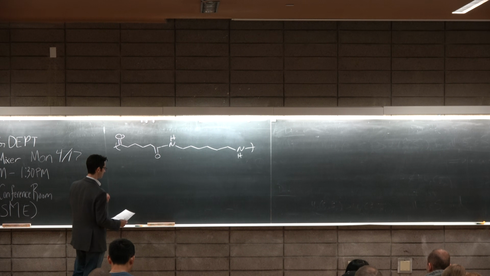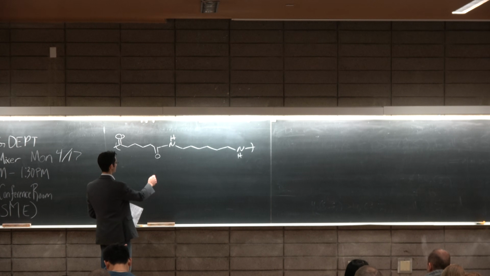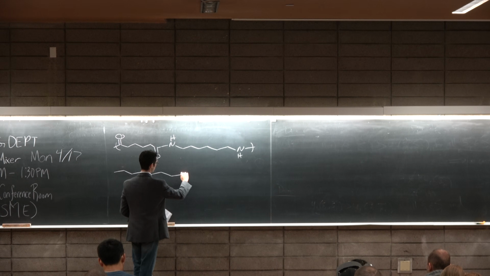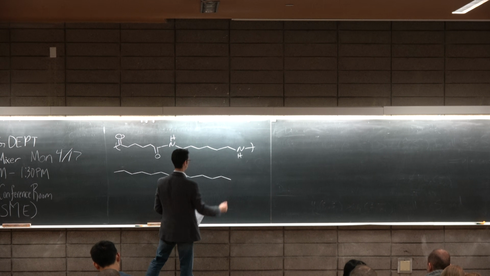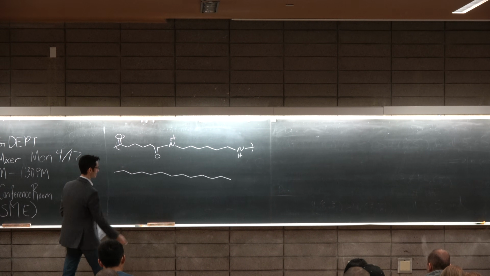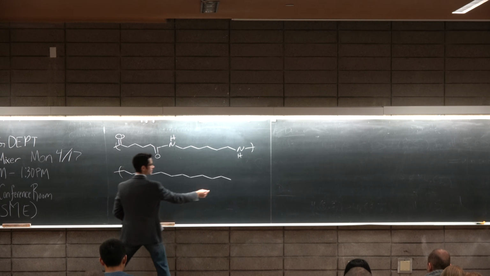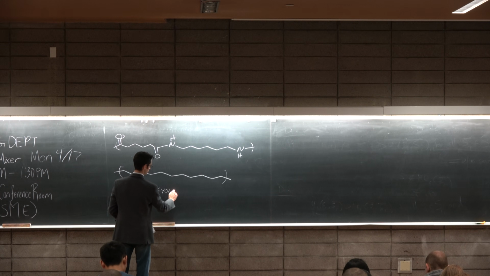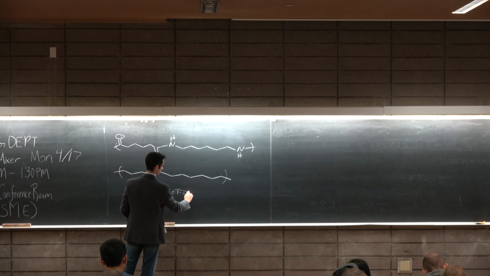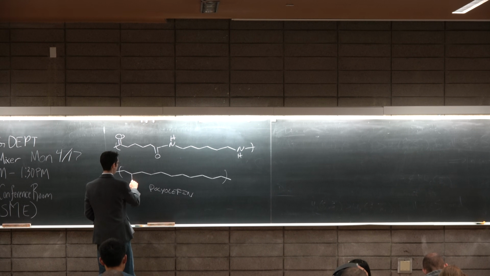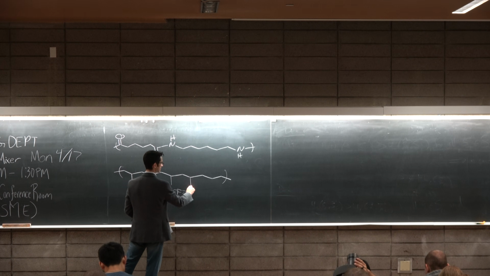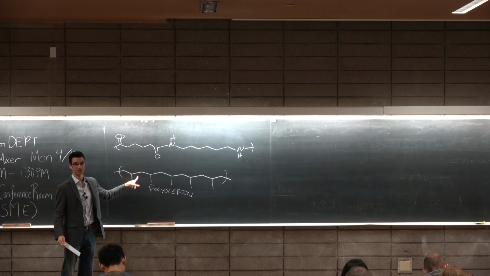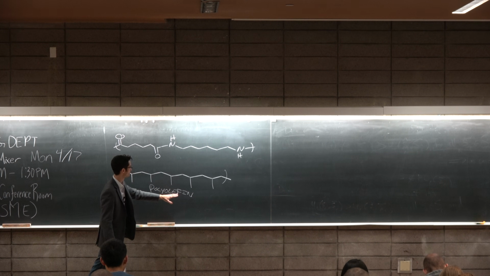In contrast, we have polymers that have only carbon atoms in the backbone. And this is called a polyolefin. And it has substituents, which are the things that substitute for hydrogen atoms along the backbone.